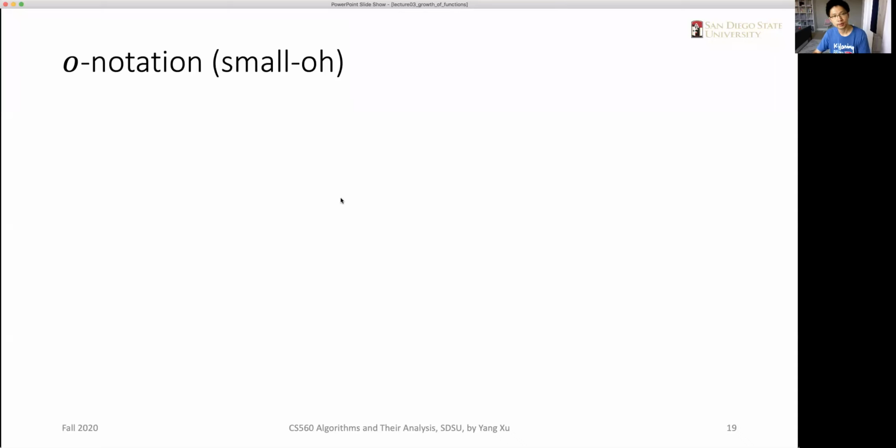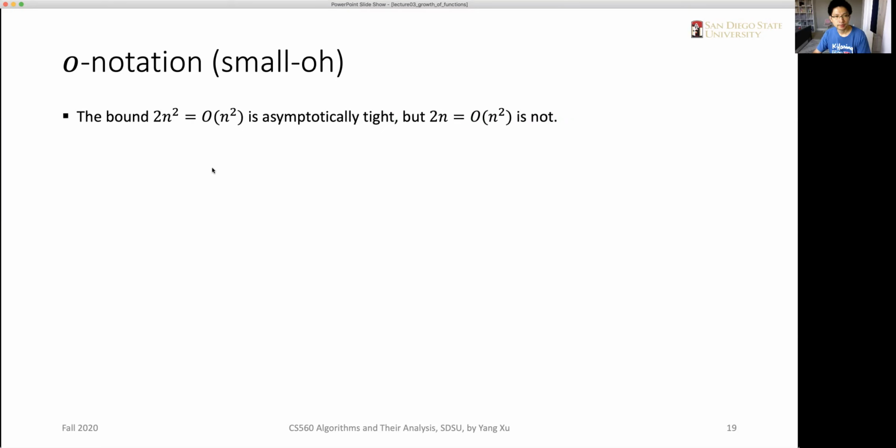Okay, so the small o notation. We can consider, for example, in this case, the quadratic function 2 times n squared. If we say that it belongs to the big O of n squared, then the quadratic function n squared is an asymptotically tight upper bound for 2 times n squared, right?